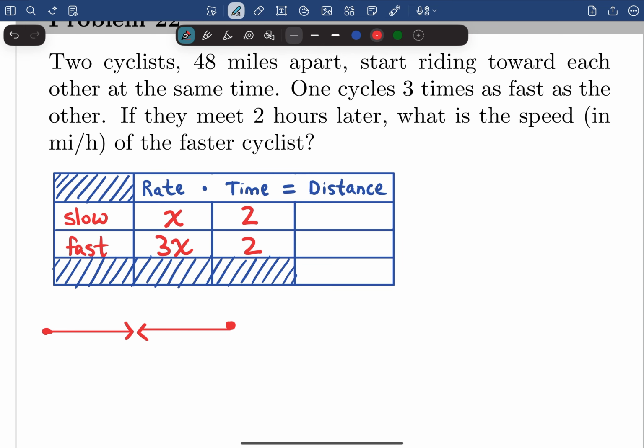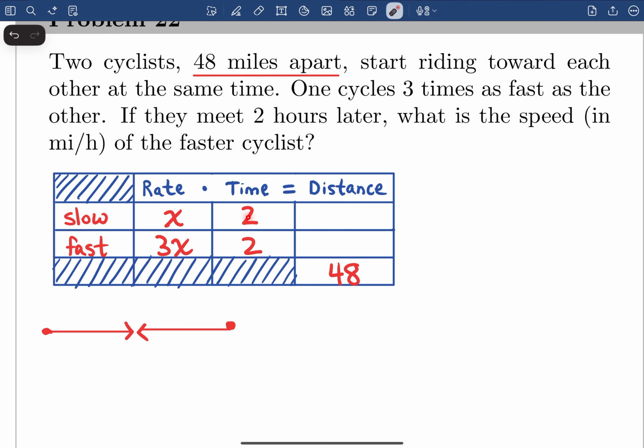Cool. So I'm going to write 48 miles for the total distance here because that's how far apart they are from each other. And I'm going to multiply the rate times the time to get each distance, right?